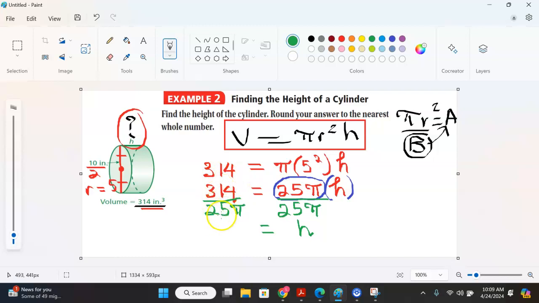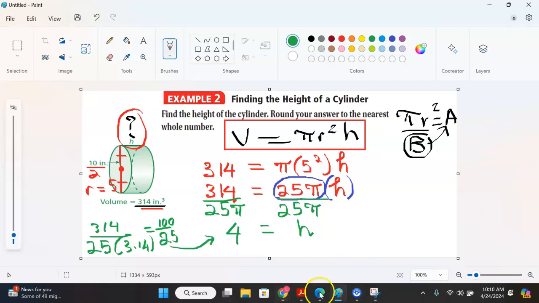And 100 divided by 25 gives you 4. Hope you know that shortcut. Think about it again: 314 divided by 25 times 3.14, because that's what pi is. You can take 314 divided by 3.14 first, which gives you 100, and then 100 divided by 25 gives you 4.